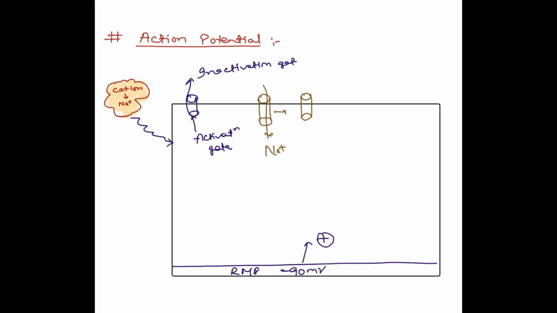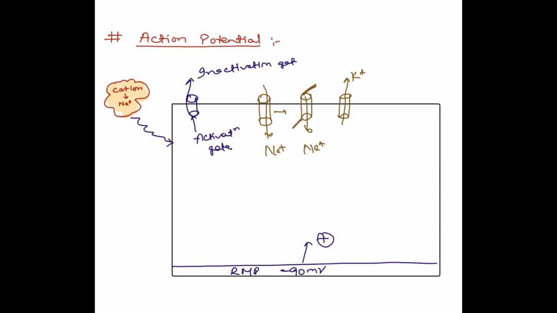The outside opening of the channel closes, and the inside opens. So some amount of potassium influx inside and some amount of potassium efflux outside.